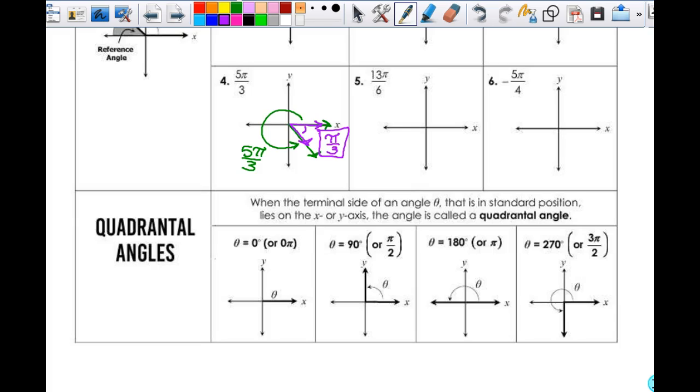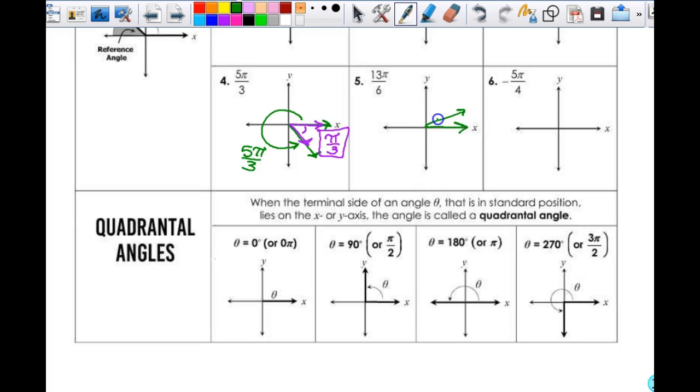But to get there, so let's get 13 pi sixths. So I'm going to start here, right? That's at 0. In terms of sixths, this would be 6 pi sixths at 180, right? Then this would be 12 pi sixths. So do I have to keep going? Yes, so I end up in the first quadrant right here.